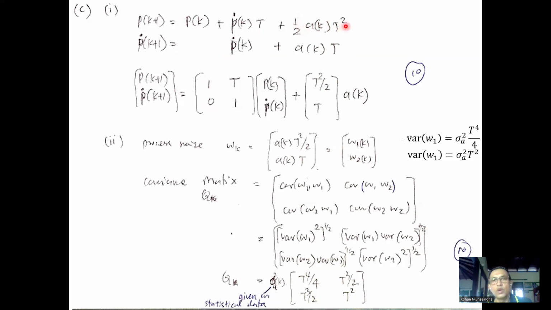First one, half T squared times acceleration. Second one, just T times acceleration. So you write down T squared over 2 and T as a column times acceleration. So that is the state space model of the plant.